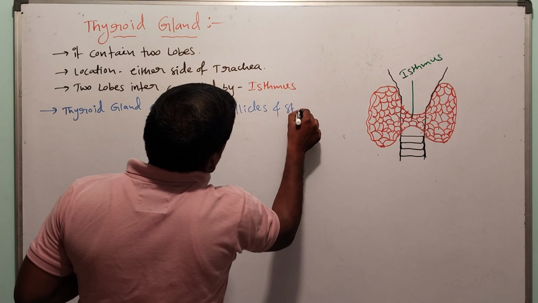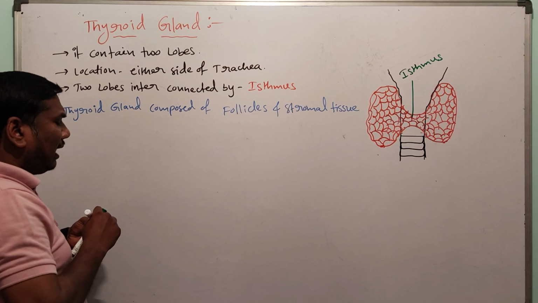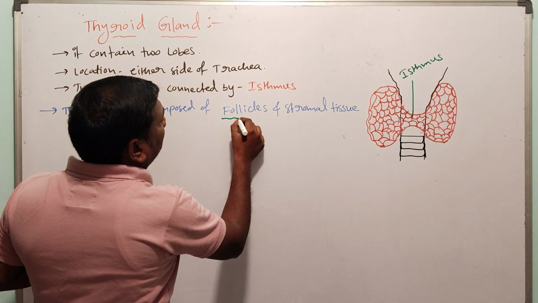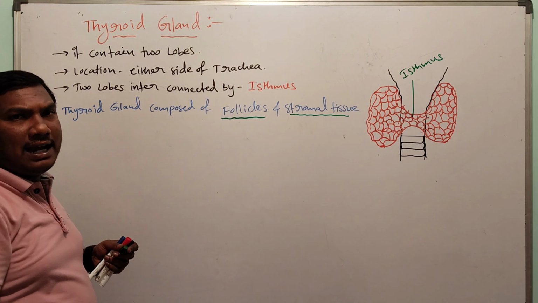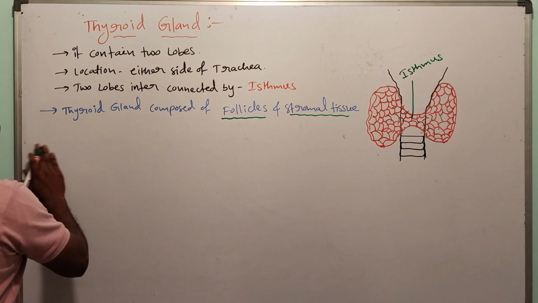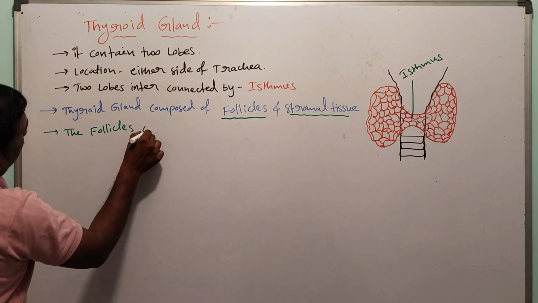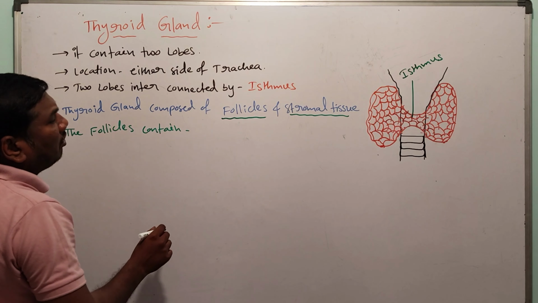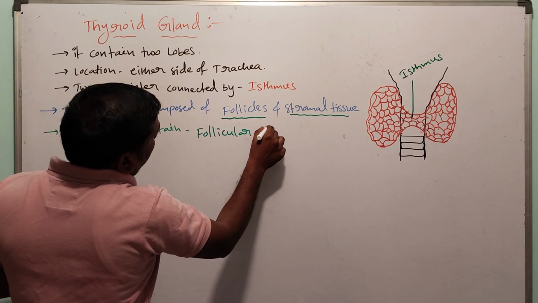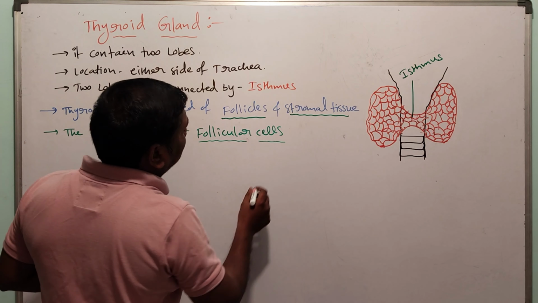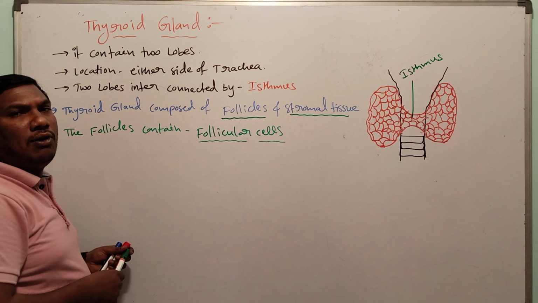The thyroid gland contains follicles and stromal tissue. The follicles contain follicular cells.